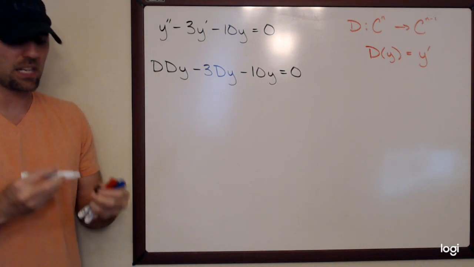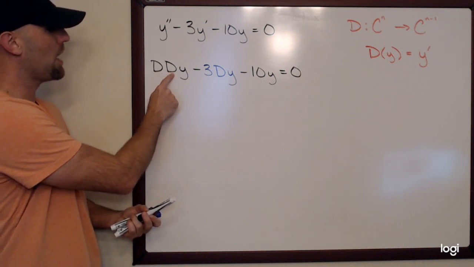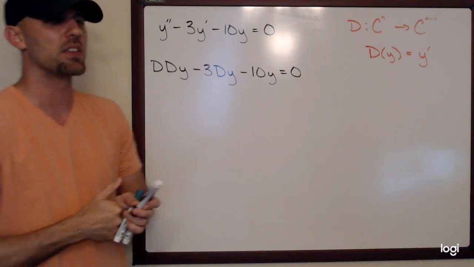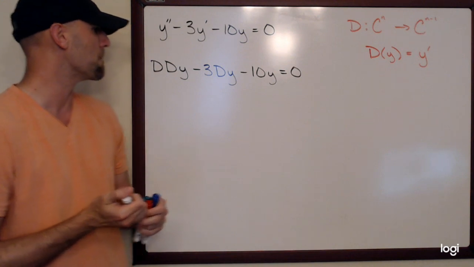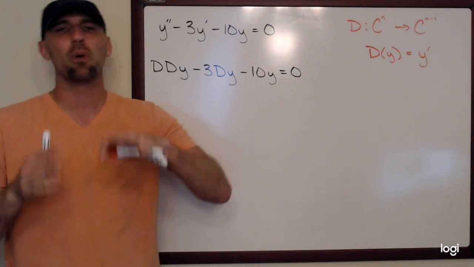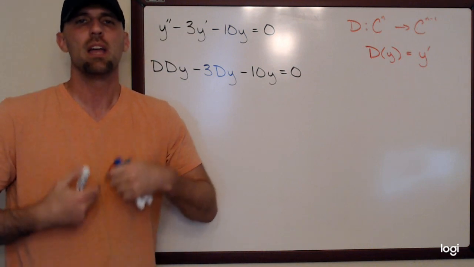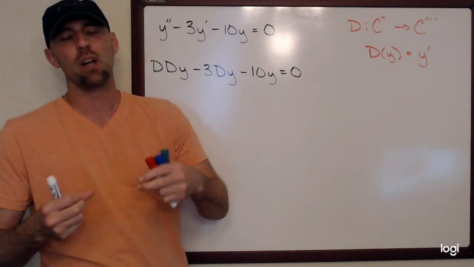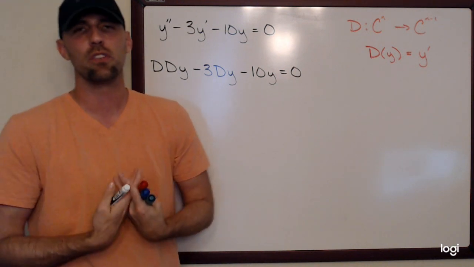This is concatenation. It's applying one linear transformation, then subsequently applying the next. It's a composition of linear transformations. But for ease of notation, I'm going to rewrite DD as D squared. It's a bit of an abusive notation, but as long as everyone's clear on the notation, it's fine.